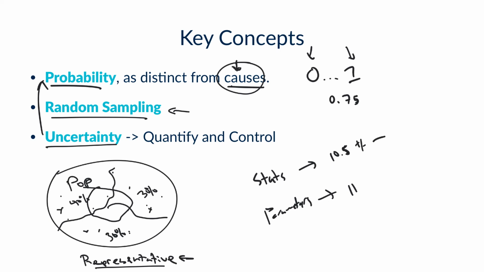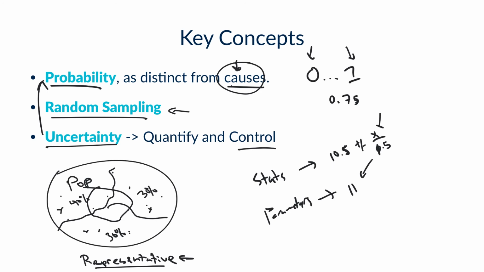We want to be able to quantify whatever this uncertainty is. Maybe the uncertainty is plus or minus 0.5, or maybe it's as much as 1.5. We want to be able to quantify that uncertainty, and we want to be able to control the amount of uncertainty that exists.